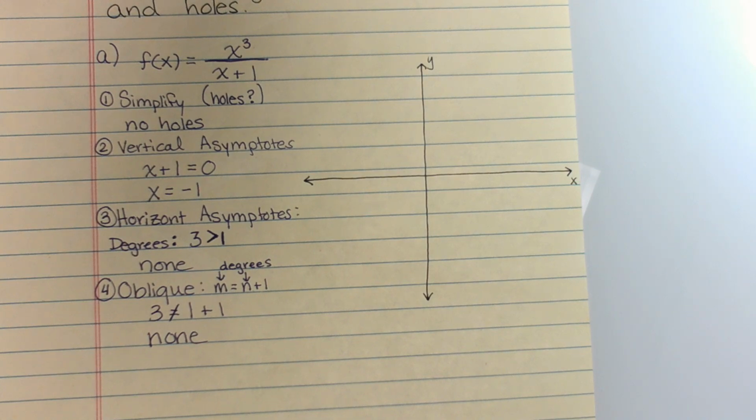If there's one vertical asymptote, you need to have room to the left of it and to the right of it. If there are 2 vertical asymptotes, you need room to the left, to the right, and in between. Because the number of sections that your graph will show up in is always going to be 1 more than the number of asymptotes. Vertical asymptotes will always separate parts of the graph, so you need to have room to graph those.